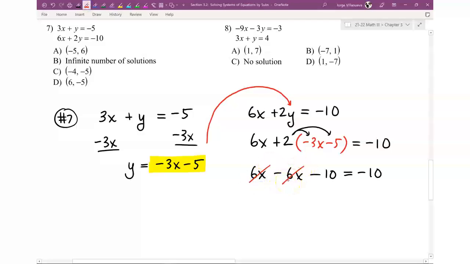They disappear. What am I left with? Let's see. Negative 10 equals negative 10. Do I have a letter to solve for anymore? No. Is that a true statement, though? Yeah, and what am I supposed to write if it's a true statement? IMS, right? Infinitely many solutions. So there it is. B.